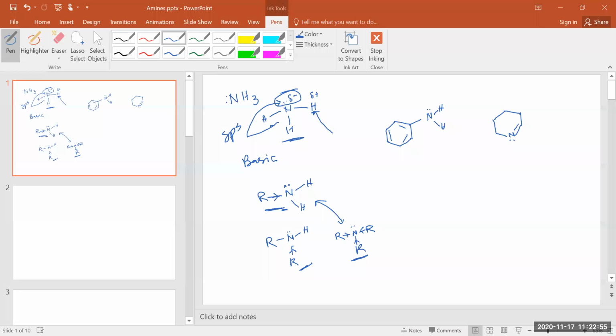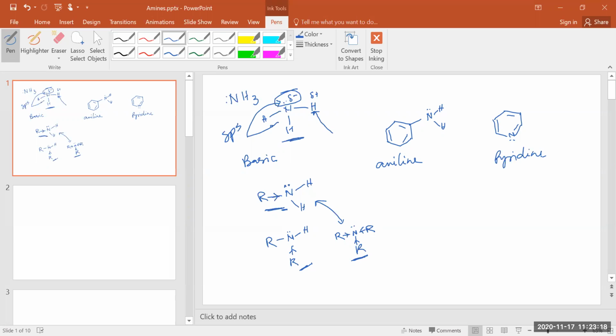Heterocycle reactions you can skip in this chapter, but for heterocycles, basicity, general information you should know. So these are the aromatic amines. It could be 2 types: anilines and pyridine. This is called pyridine.